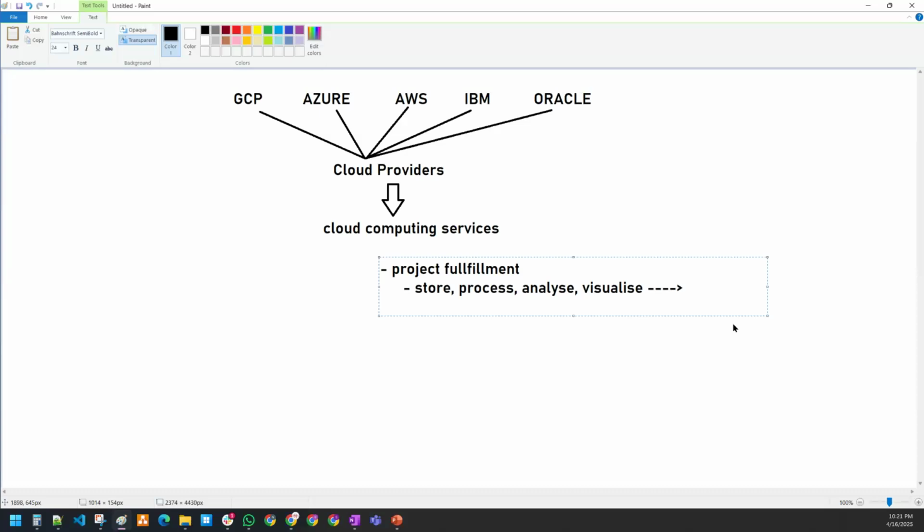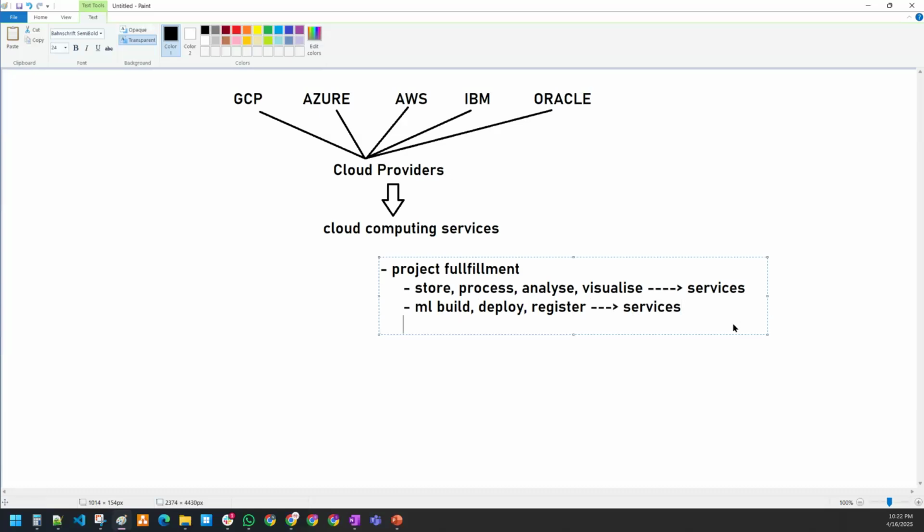Those services I am calling cloud computing services. Not only for data engineering: for ML model building, ML model deployment, ML model registering, whatever you do, you have dedicated services available.